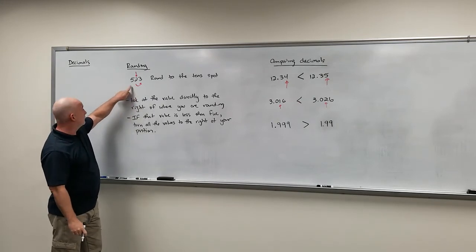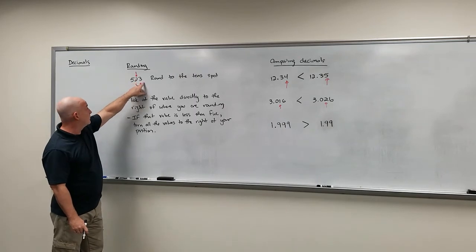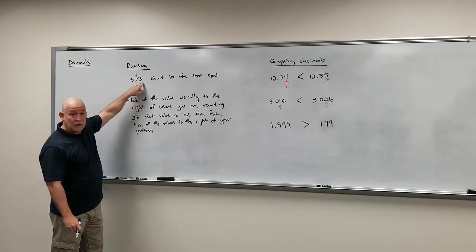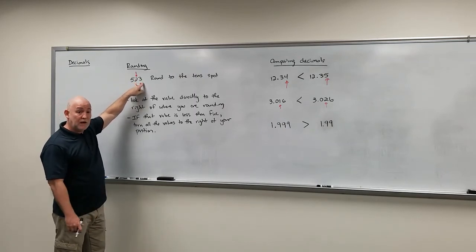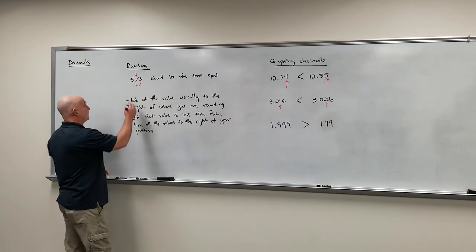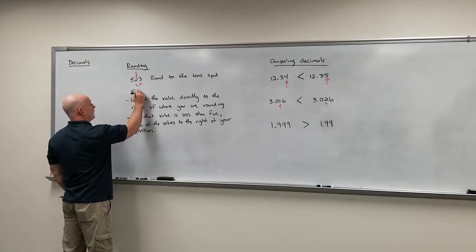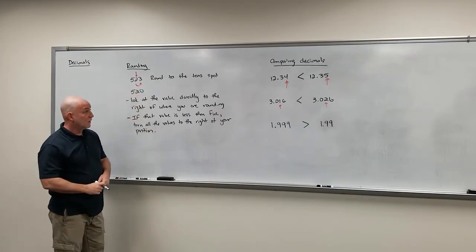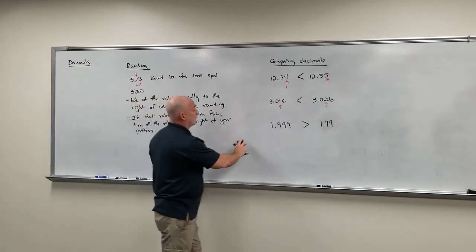In this case, I'm looking at the 2. That's the place I'm trying to round to, so I look to the right. If the number on the right is smaller than 5, we just turn all the numbers that way to 0. So in this case, if we were to round, this would be 520.